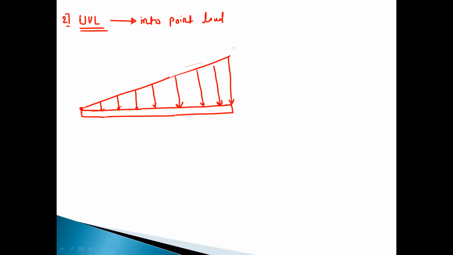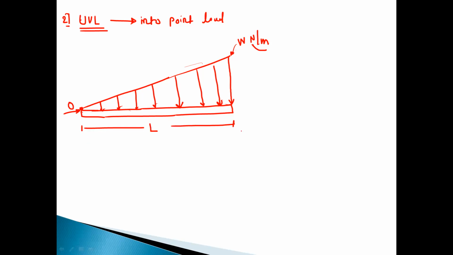This is the maximum intensity, which is equal to W Newton per meter. Here I have taken W as a general value, so it can be 10 Newton per meter, 20 Newton per meter, or sometimes this value can be given as Newton per millimeter. At this point, we have the minimum intensity, so that intensity is 0. And this is the span of the UVL, which is L.